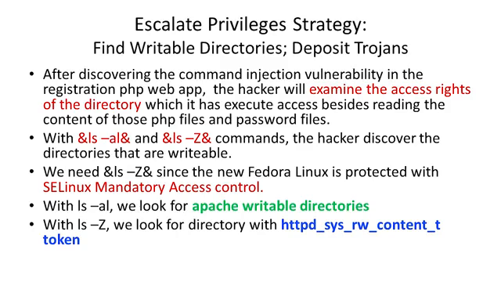Because a typical Linux system like Red Hat or the Fedora Core operating system uses Secure Linux (SELinux), it has a special mandatory access control. We need to use ls -al to list it, and when both of them have the writable permission, then we are able to choose those as a target to deposit the Trojan.